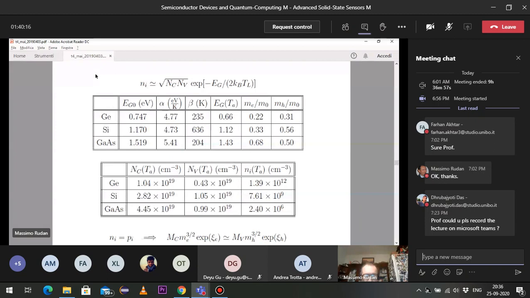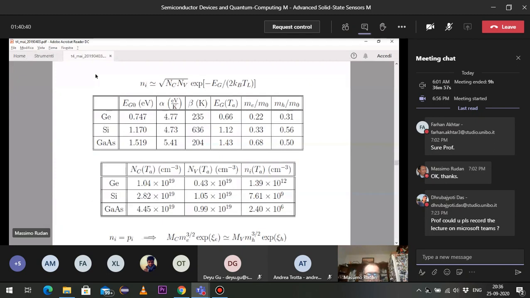The effective density of states for the valence band, again, is of the order of 10 to the 19th, and we have 0.43 for germanium, about 1 for silicon, and again about 1 for gallium arsenide. Okay, so they're very similar actually to each other.